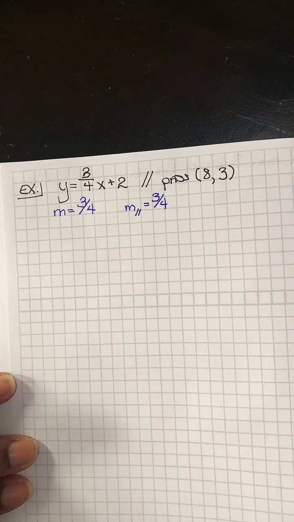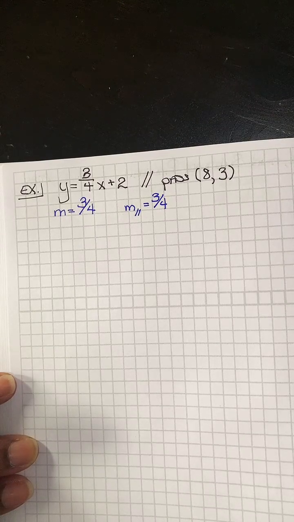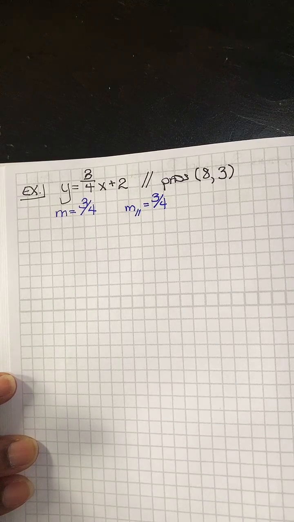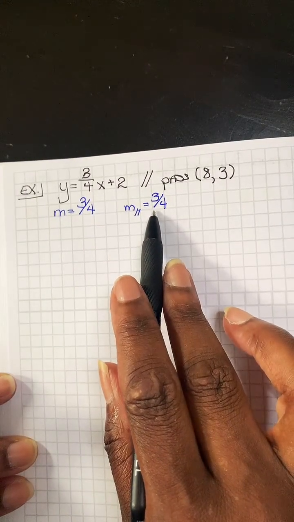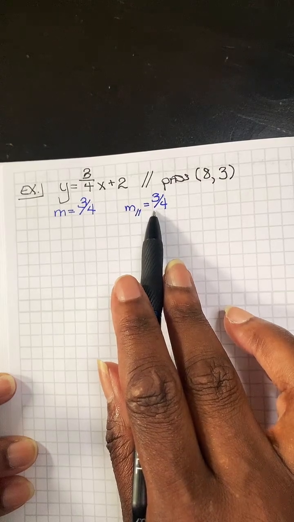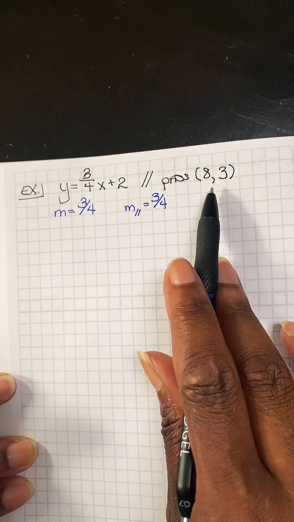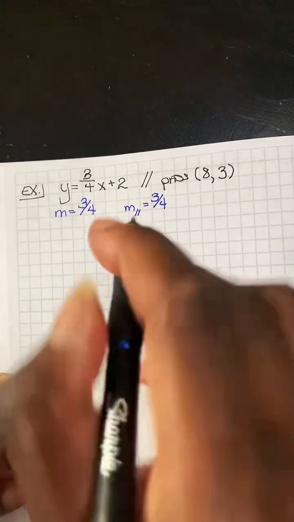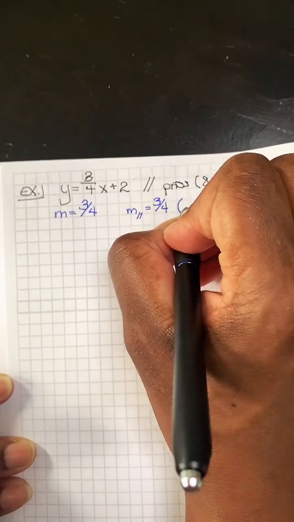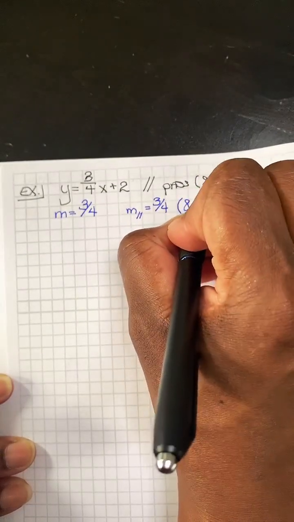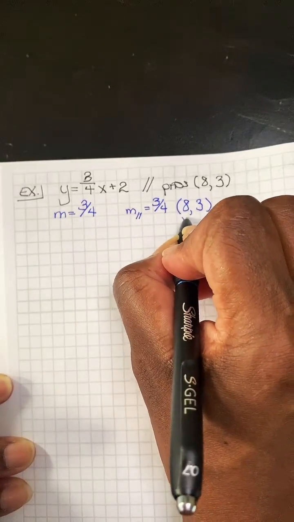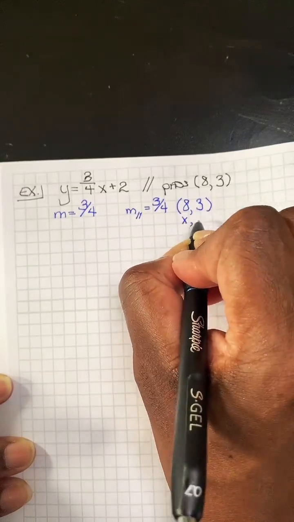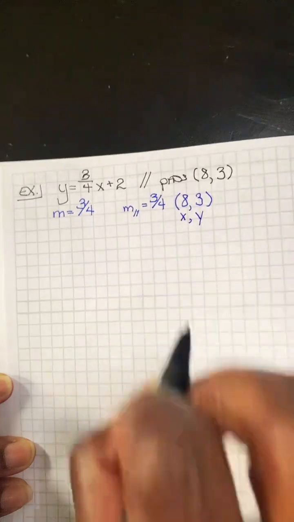Now we have a slope, but they're saying that the equation of the new line has to pass through this point (8, 3). So if it has to pass through (8, 3), that means 8 is my x value and 3 is my y value.